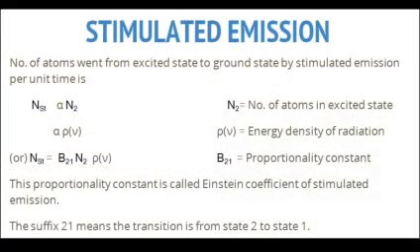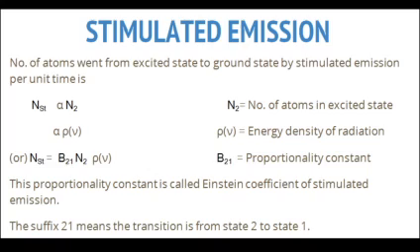In the stimulated process, the number of atoms going from the excited state to the ground state by stimulated emission per unit time is denoted by NST. That NST is directly proportional to the number of atoms in the excited state, that is N2, and also directly proportional to the energy density of the radiation, that is rho of nu.